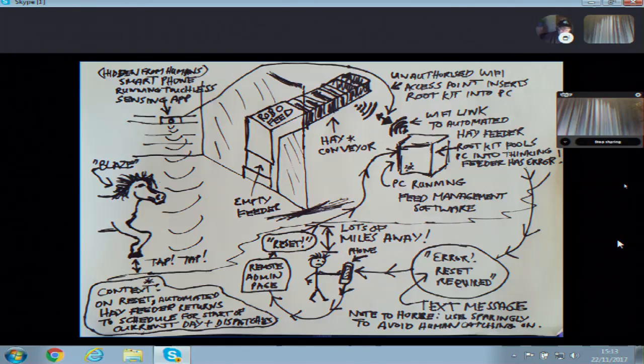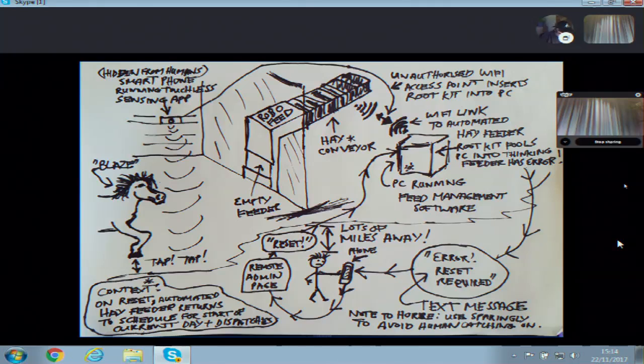So the current slide is Hey, Where's My Hay? Hacking the Active Stable. That's AKTIV. And this is where this short paper gets its name. The Active Stable is a real, non-fictional computer-controlled housing and management environment for horses, which you can go and look up if you want. It provides resident horses with a limited daily allowance of fodder, that's hay or haylage.